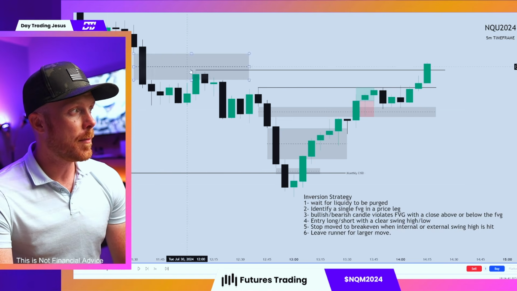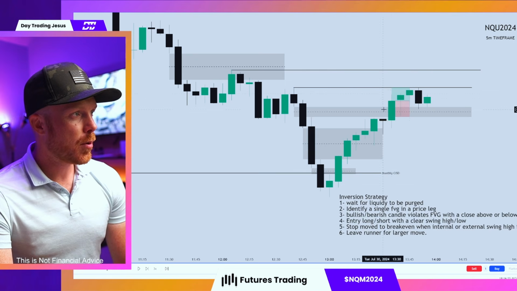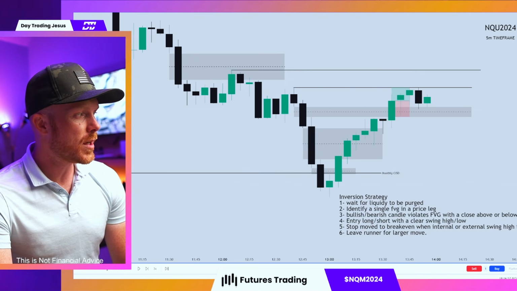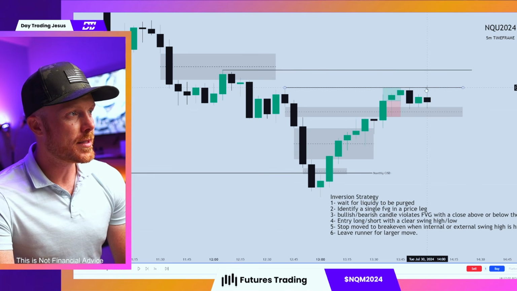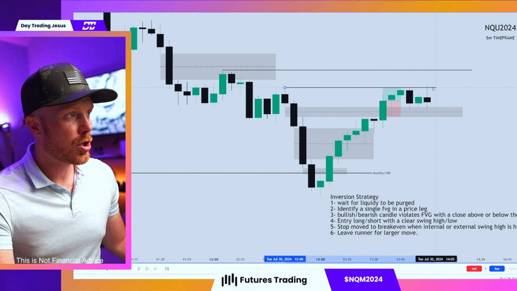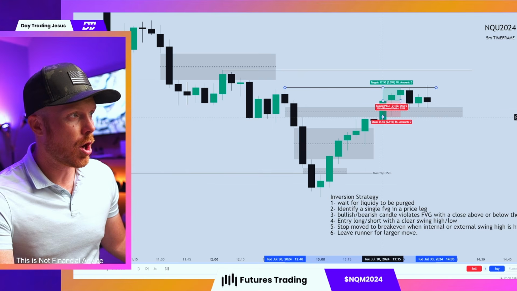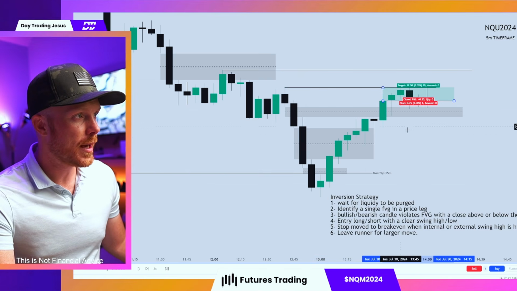So would this one, but this is the higher internal swing high that we may actually target when price starts moving. As price begins to move, we want to actually move our stop to break even the moment this swing high is hit right here. We have our target hit right here, so our stop loss would now be moved to break even.